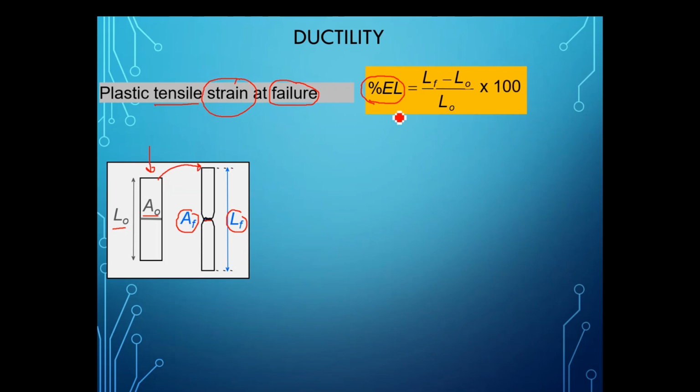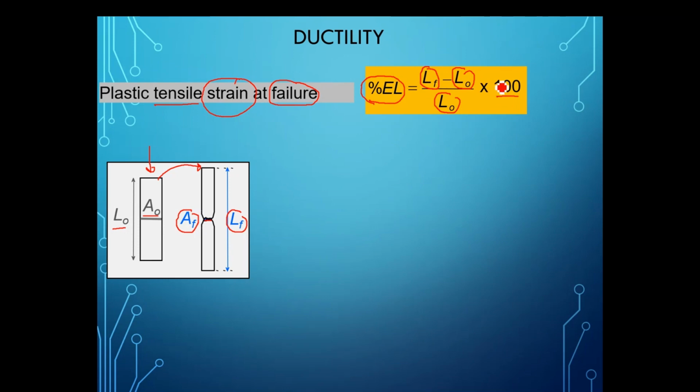So how do you define percentage elongation? You define it by the difference between the final length minus the initial length divided by the initial length into 100%. This is percentage elongation for you.